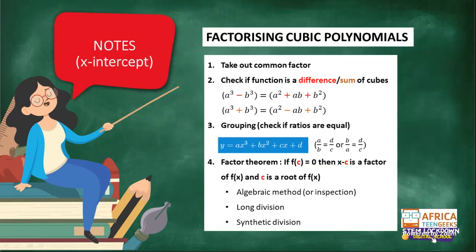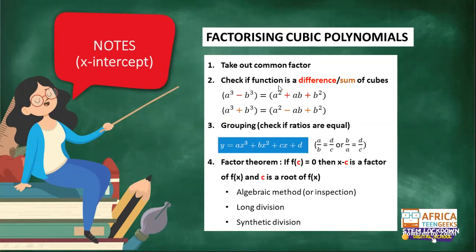So when factorizing our cubic polynomials or cubic function, the first thing we will do is to take out our common factor, and then we will check if it's a difference or sum between two cubes. I think you already know how to do this.